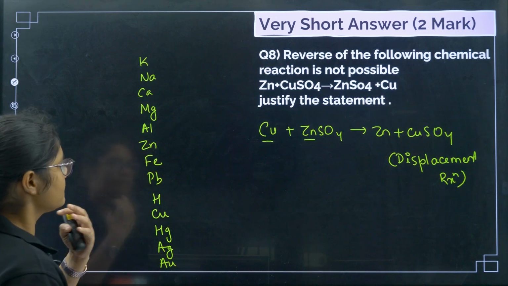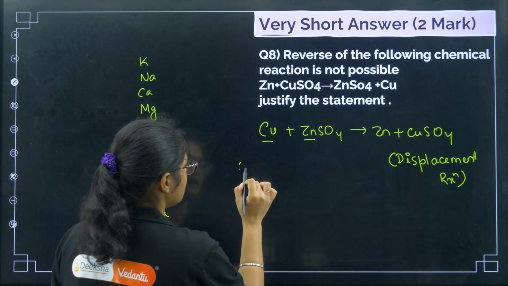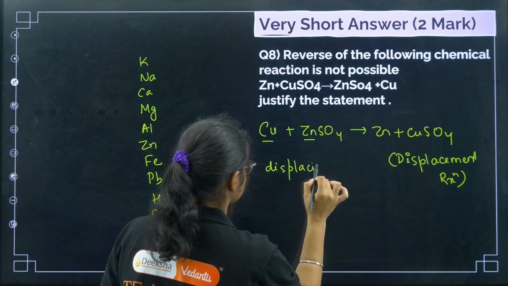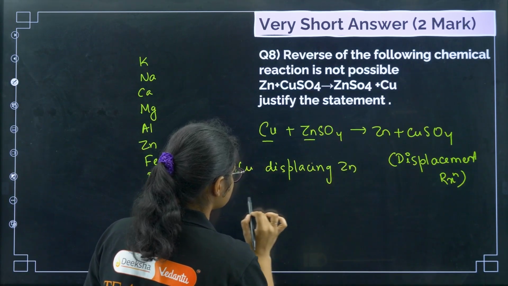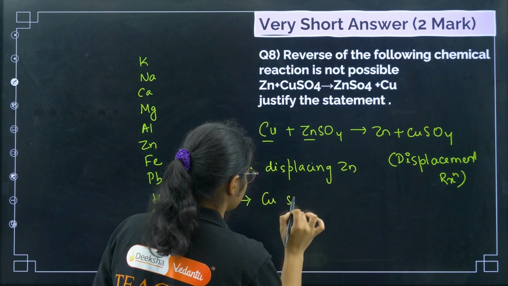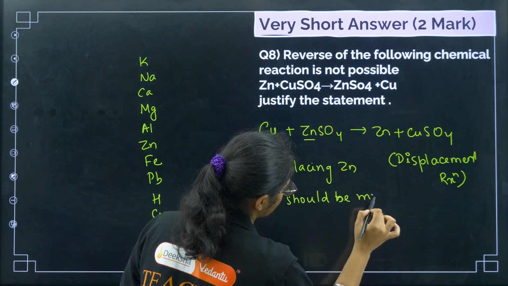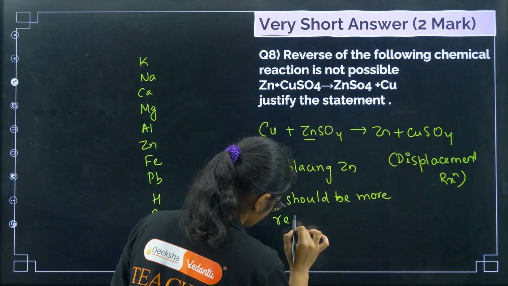Now if you see what I am saying, in this reaction copper is displacing zinc. That means copper should be more reactive than zinc, right?